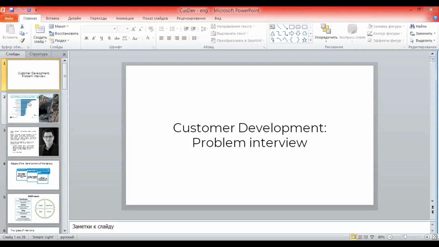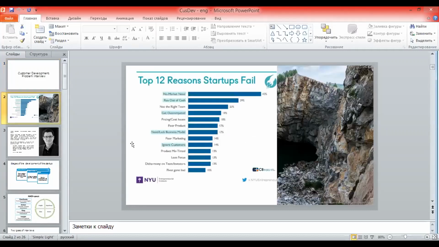If we look at all researches and studies about the reasons startups fail, in most cases you will find that the startup did not find market need, product market fit, as it's called.